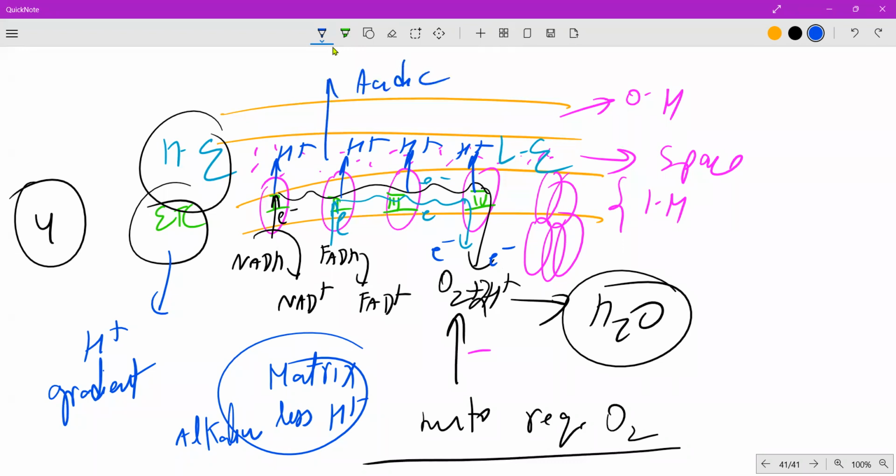So there's a gradient which is created because of protons. So what is the end result of ETC? It creates a proton gradient, plus we also get water.